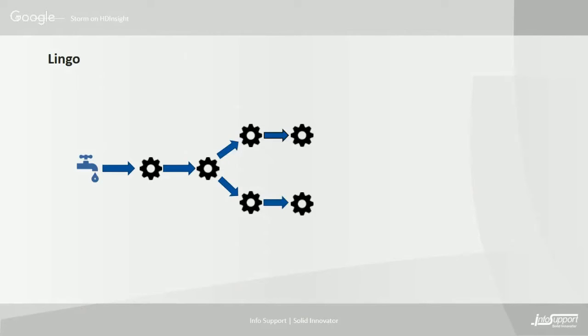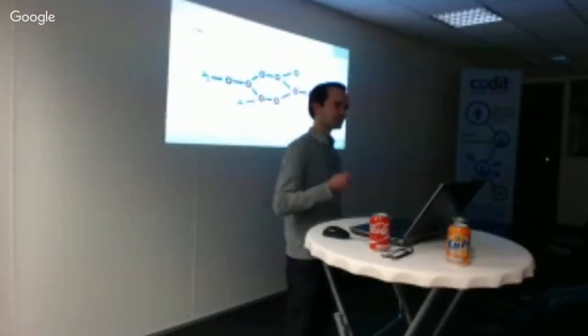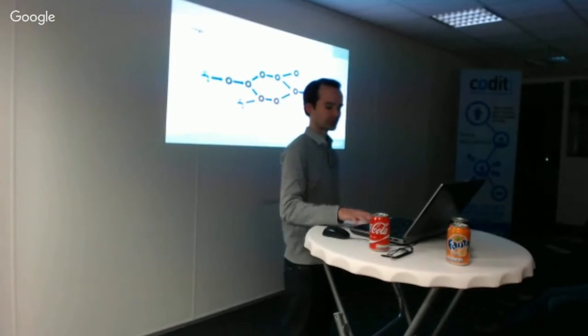Perhaps one bolt will be outputting averages and the other is outputting the raw data. So the stream can be split into two and can even split further or merge back. It all depends on the application and the problem you want to solve. There doesn't have to be a single point which produces data. You can combine multiple spouts in your application and feed them all inside your topology.